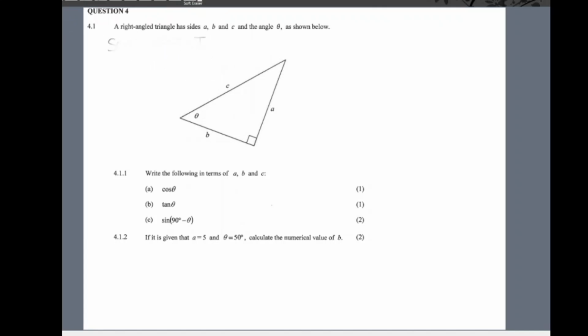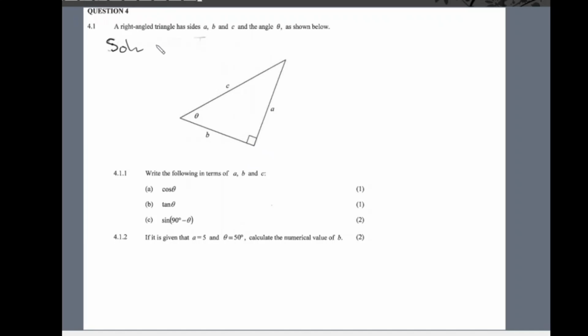So sizosebenzisa uSOHCAHTOA nasine right angled triangle to define our trigonometric ratios, right?